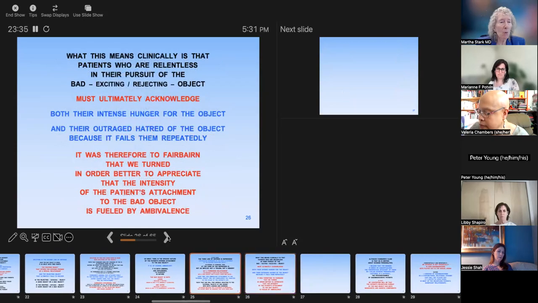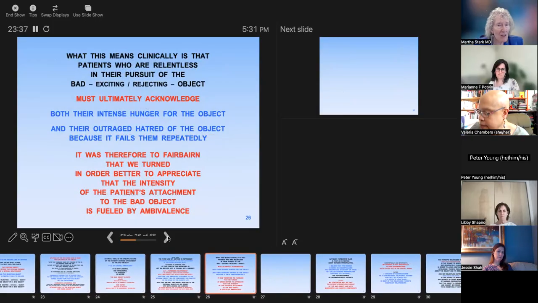What this means clinically is that patients who are relentless in their pursuit of the bad, exciting, rejecting object must ultimately acknowledge both their intense hunger for the object and their outraged hatred of the object, because it fails them repeatedly. Some people are very much in touch with yearning and longing and not at all in touch with the rage, the outrage.